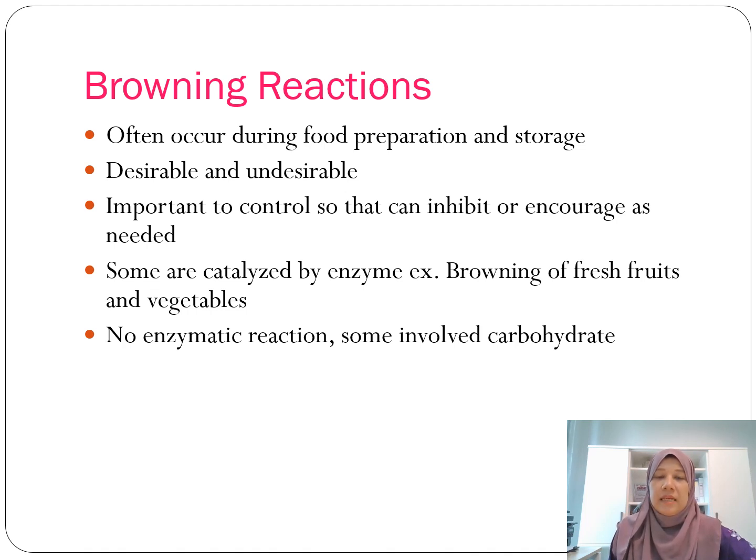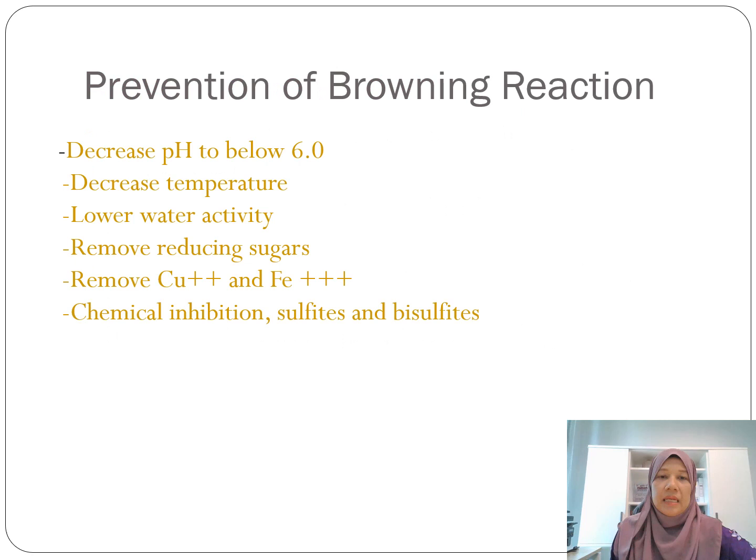Some are catalyzed by enzyme, and for non-enzymatic reactions, some involve carbohydrate. These are the preventions of the browning reaction for fruits, vegetables, and seafood. First, you need to decrease the pH to below 6.0; you need to check the pH.